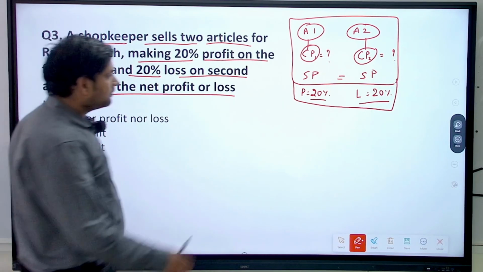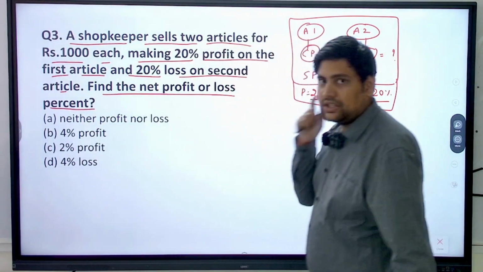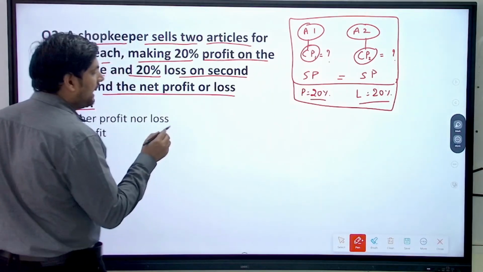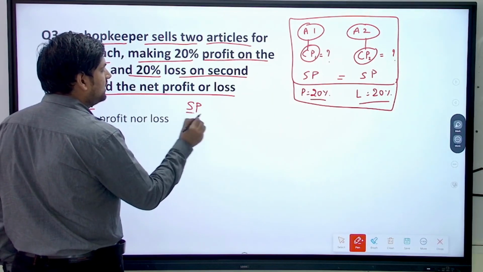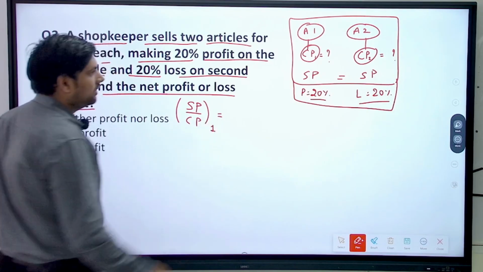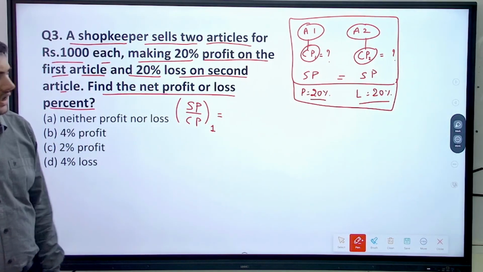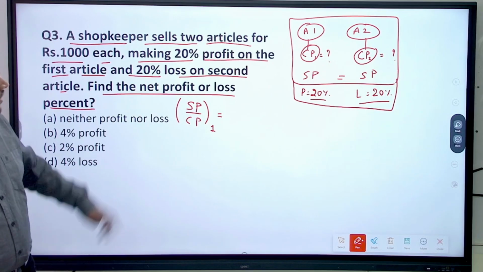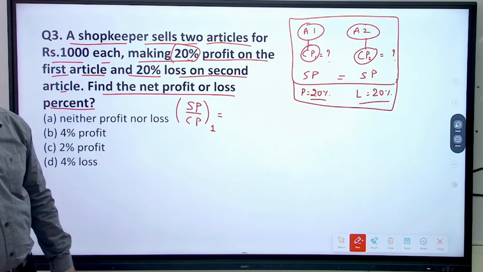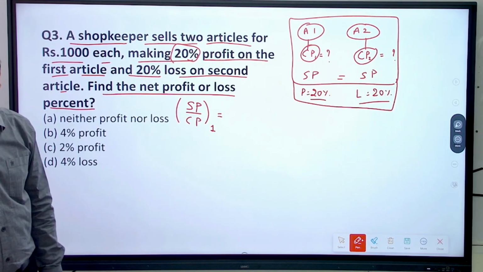See, this is 20%, this is also 20%. Now, I am writing selling price by cost price for the first article. Here you have a profit of 20% on the first good, correct?